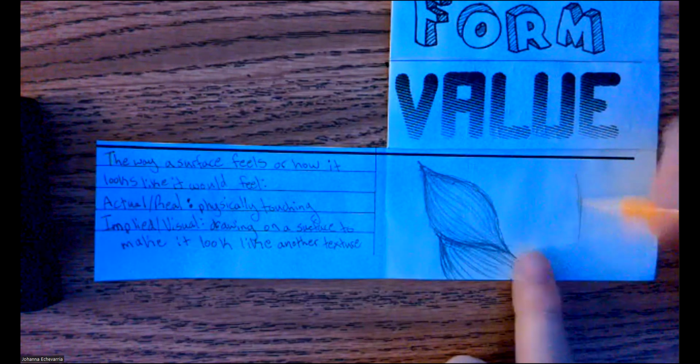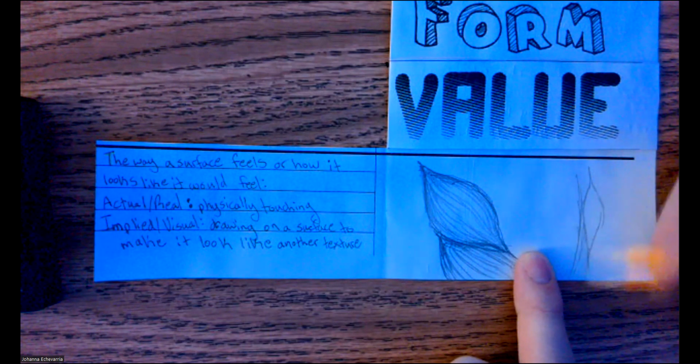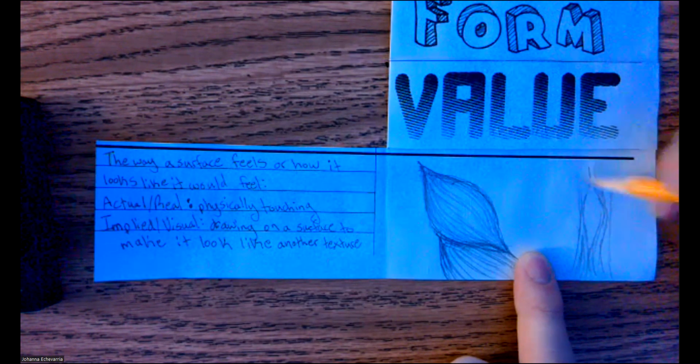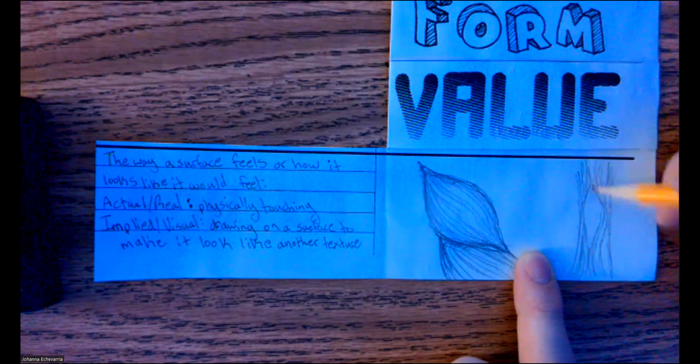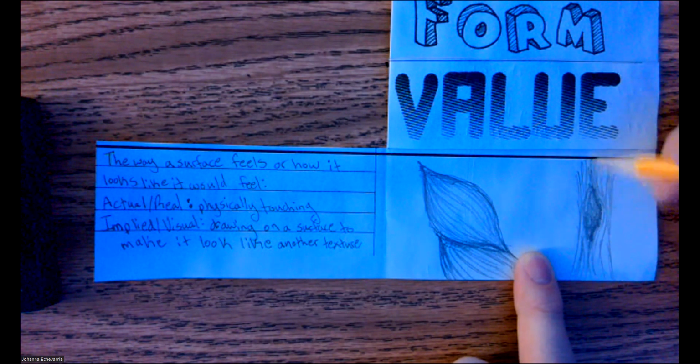If you want to try to make it look like wood or like a tree, just take your time. This one's going to take more time than the others just because you might not have done this before, and that's okay. Obviously, this isn't great, but I'm trying to give you the right idea, like if I was doing a tree.